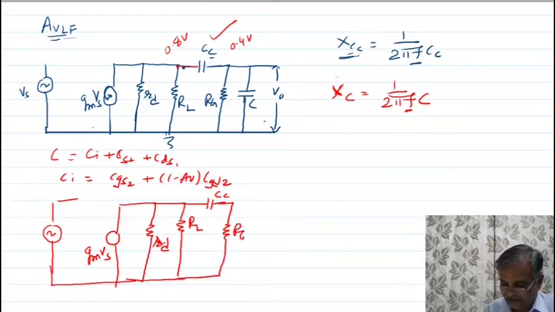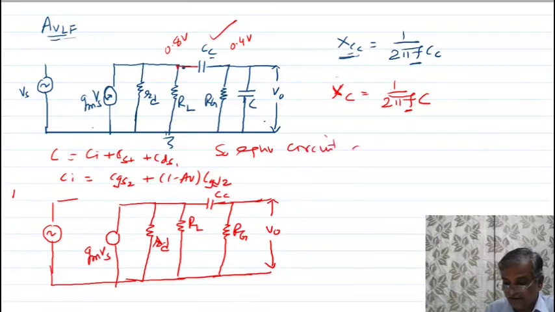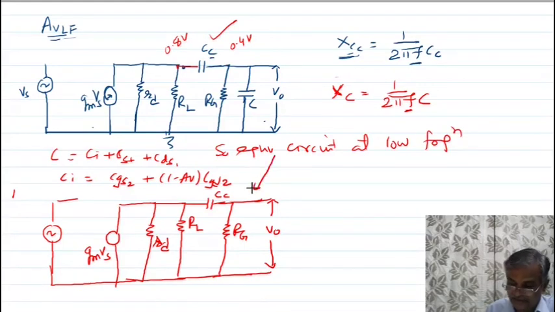This is your RG. I am not considering the shunt capacitance. So the resultant is this. This is the equivalent circuit at low frequency, shown like this.